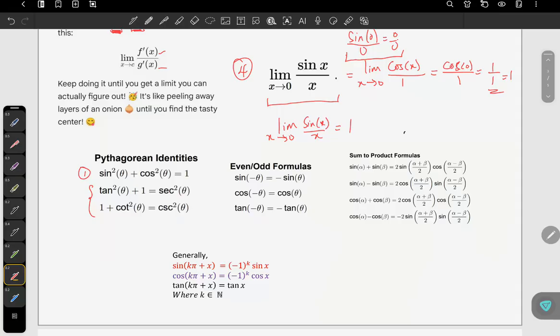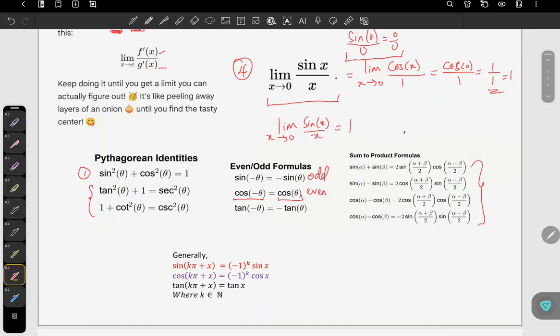Sine theta and tan theta are odd functions, which means sine of negative theta is equal to negative sine theta, while cosine is an even function because cosine of negative theta is equal to cos theta. So this is odd, this is even. Then sum to product formulas will also become useful, which we are going to see as we go through the videos in this playlist.